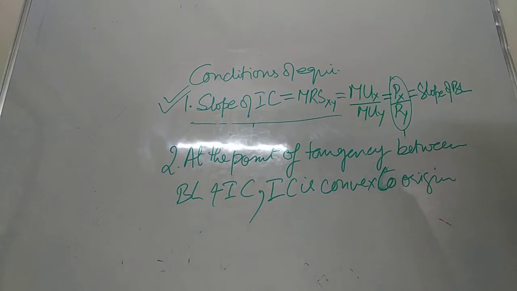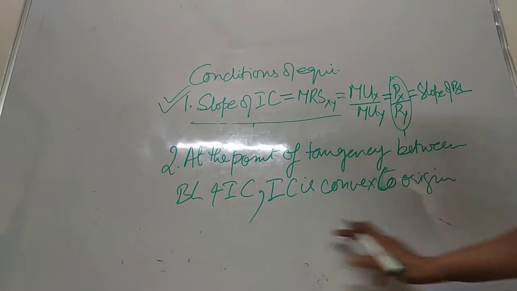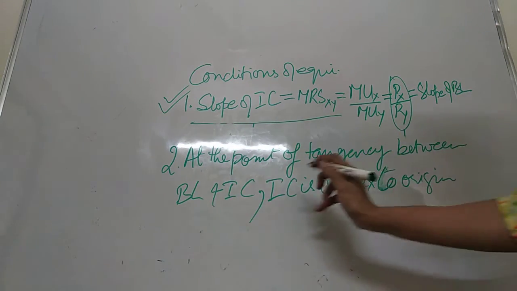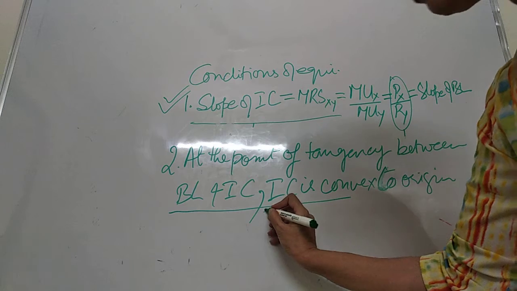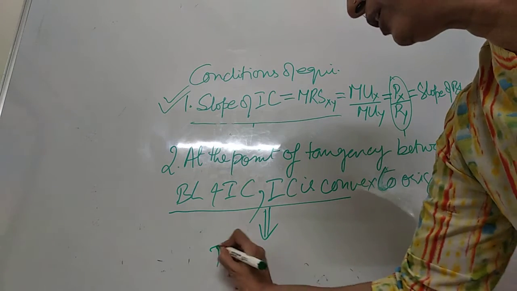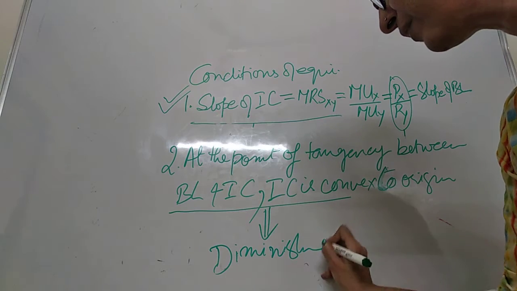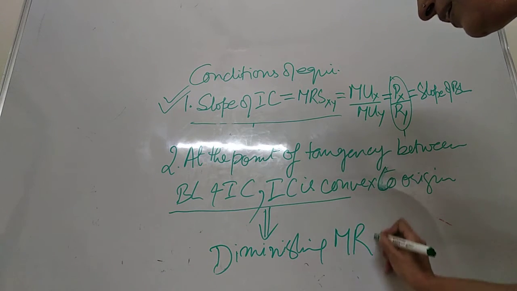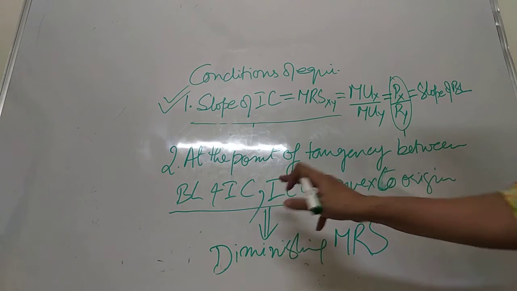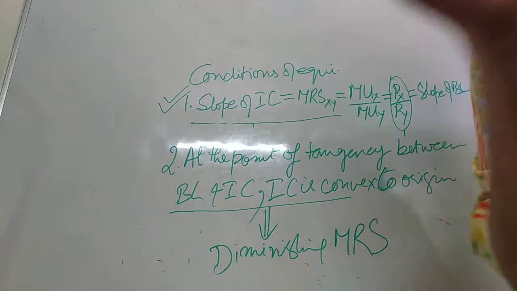It has to suffice. Now, what does this condition mean, how can we translate this condition? This condition means nothing but diminishing MRS. Right? See, we have said that IC needs to be convex to origin.